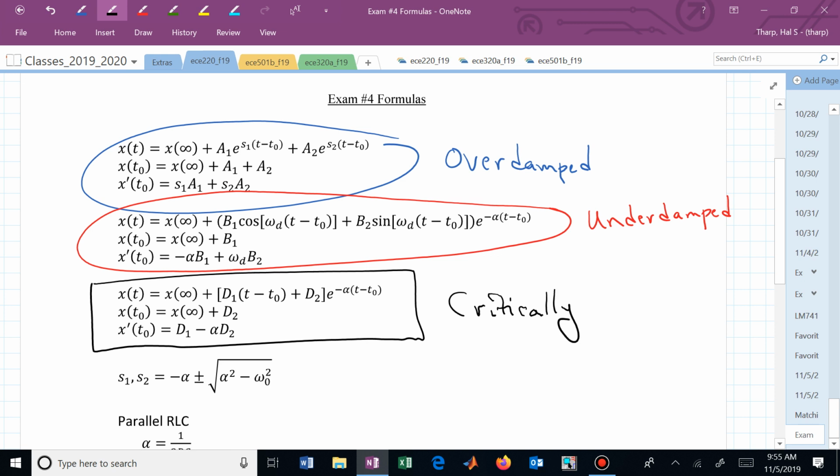And this is getting ahead of the game a little bit because we haven't talked about forcing our systems with step response. We've just looked at natural response, so we aren't dealing with these x's at infinity. Those are the final values of these variables. Ours are all going to 0 in the natural response setting. But we want to now see, how did our a's, a1 and a2, magically turn into b's and cosines and sines with an exponential?